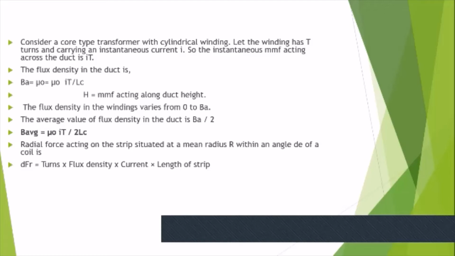The flux density in the duct is given by BA is equal to mu 0 IT upon Lc. So H is nothing but MMF acting along duct height. The flux density in the windings varies from 0 to BA.